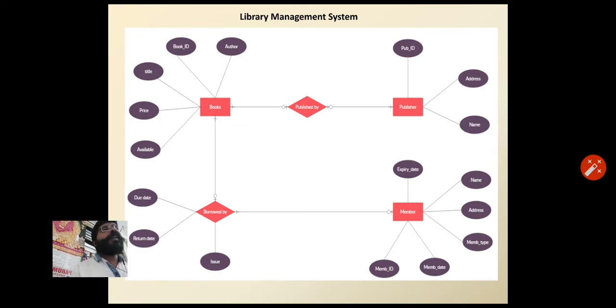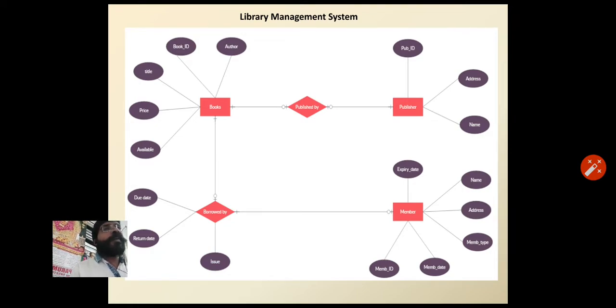What happens if anybody wants a book issued from the library? First, they create a membership with the library. If they are members, then they can borrow books from the library. Here the relation between book and member is borrowed. What is the relation? A member can borrow a book from the library. What are the attributes of that relationship? The relationship attributes are issue date, return date and due date.